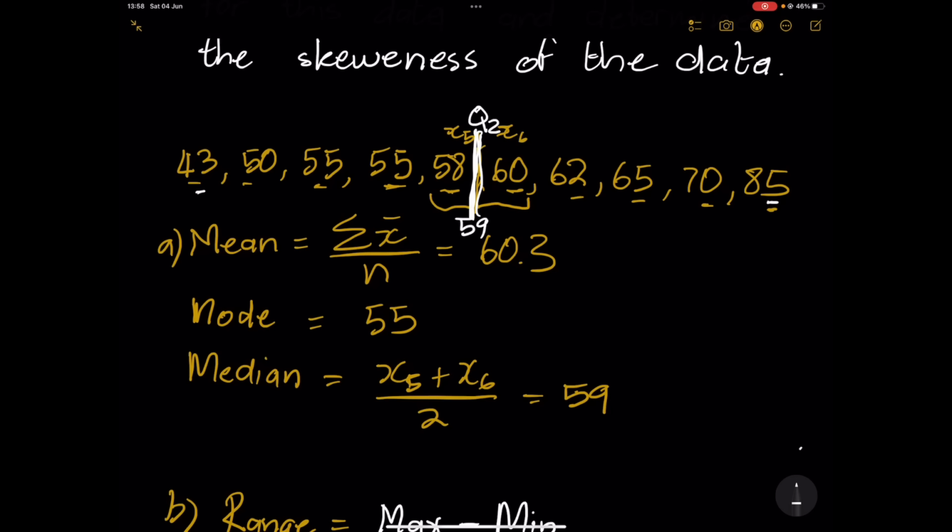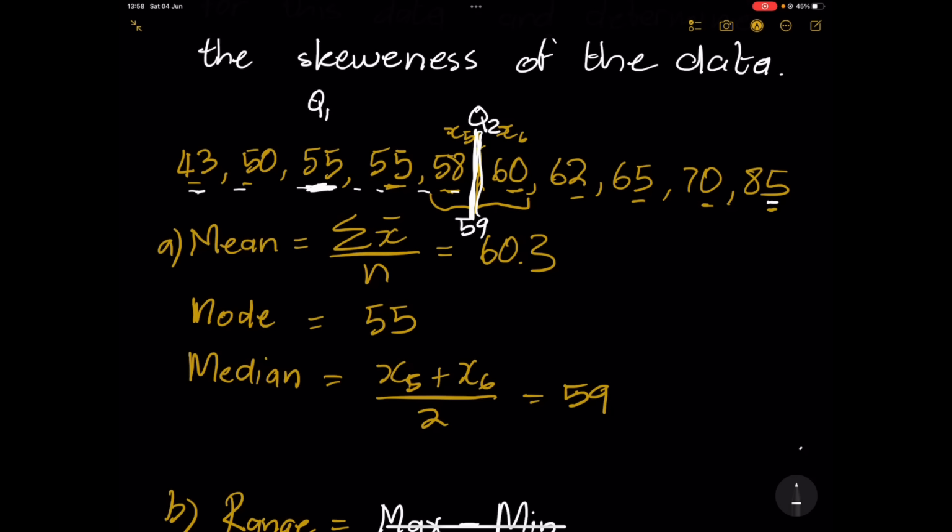Now do you see that I've got two halves in this case? So what is our Q1? What is half of this? What's the middle value? I've got 5 pieces of data, so the one in the middle of the first half is 55.